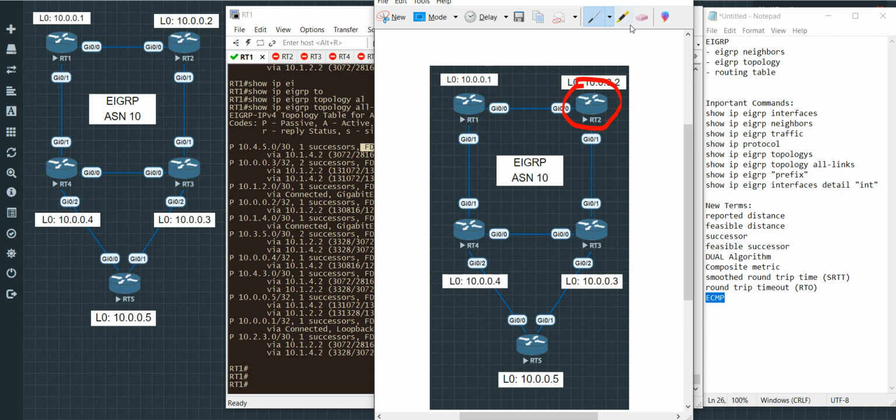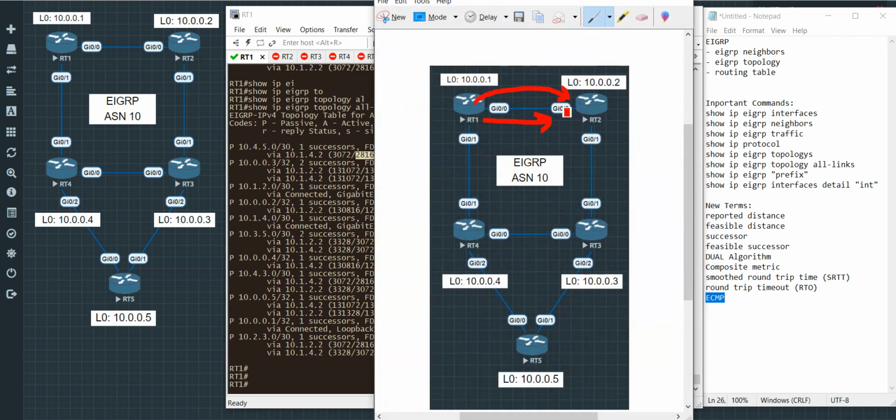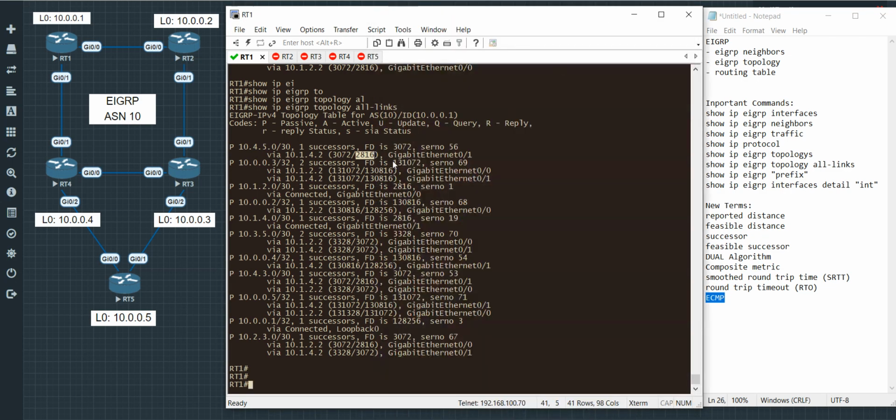Whenever a route is sent from router 1 to router 2, router 1 will send the reported distance, which is this particular value here, and whenever router 2 receives the reported distance, it will calculate its own metric, and that becomes the feasible distance.